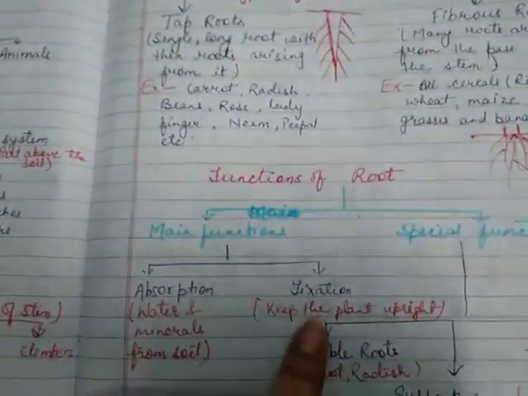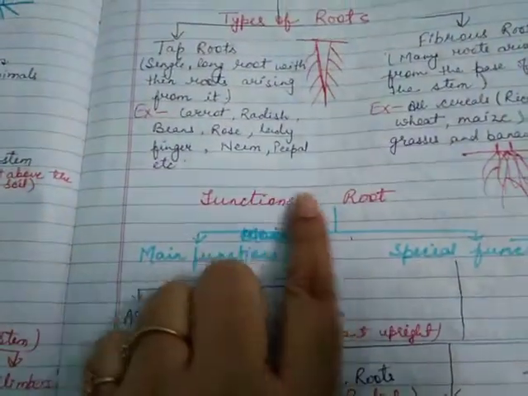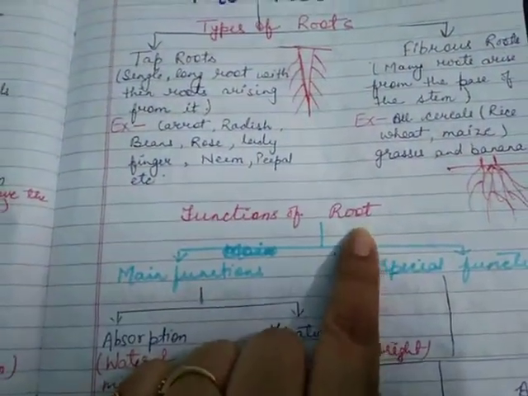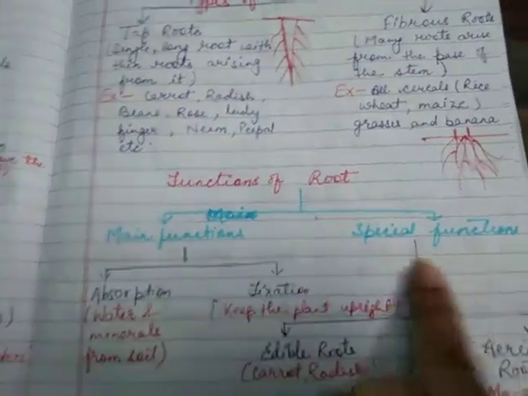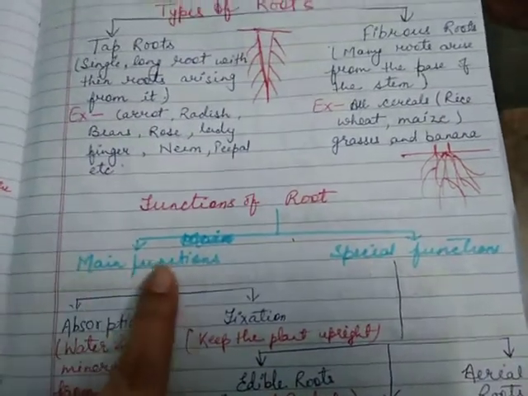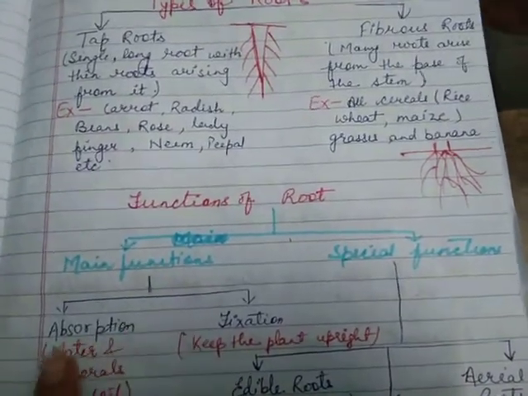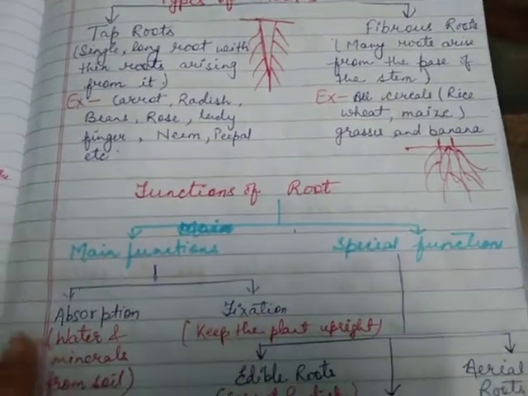And then in the previous video we have studied the functions of root, where we have dealt with the main functions of the root and special functions of the root. The main functions of the root include absorption and fixation.